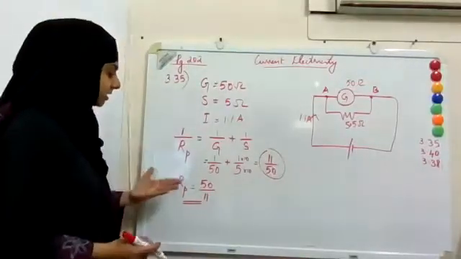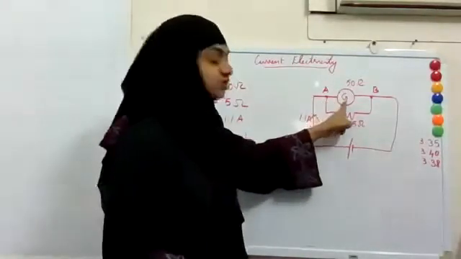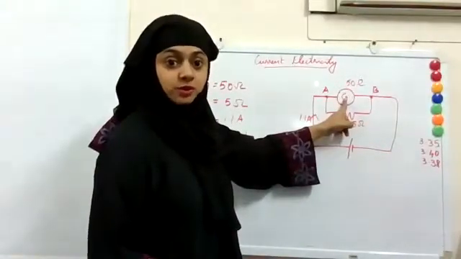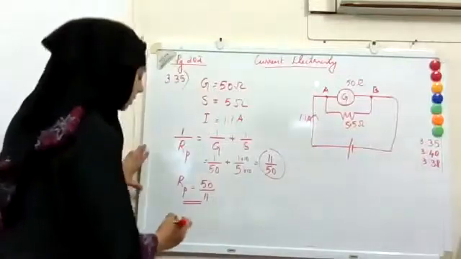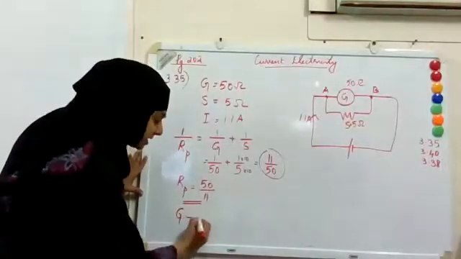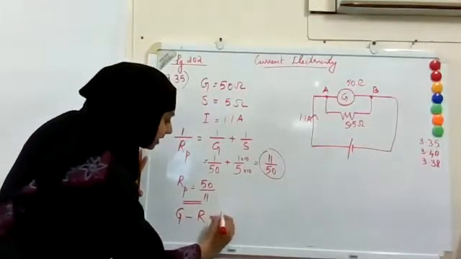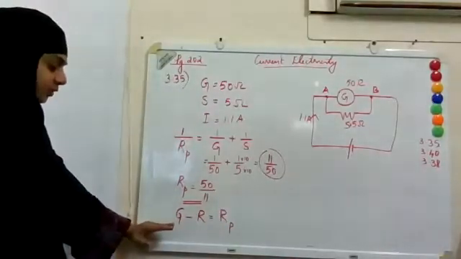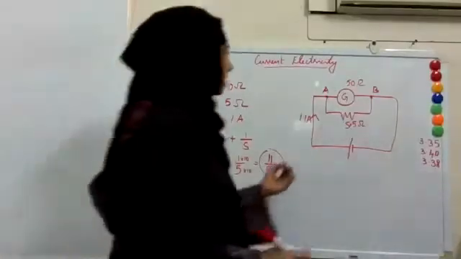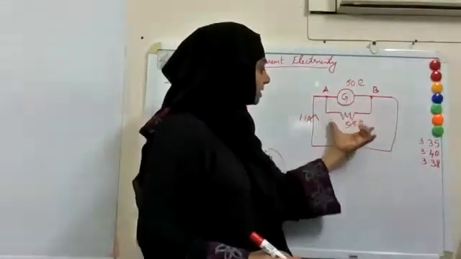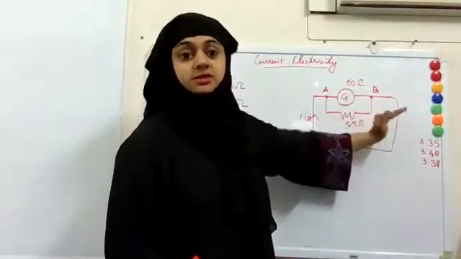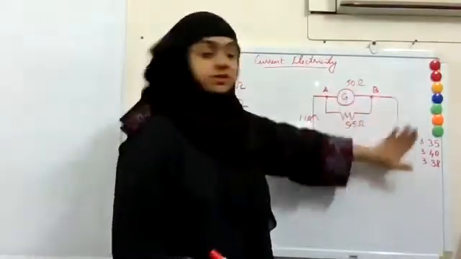Earlier the resistance was equal to G. I will tell you why. If you connect a shunt resistance in parallel, the resistance of the whole circuit decreases, right?